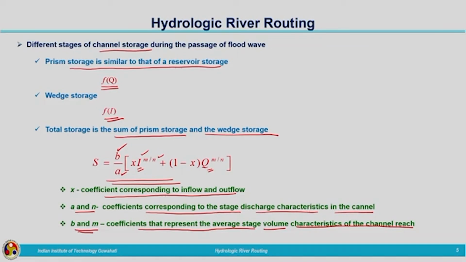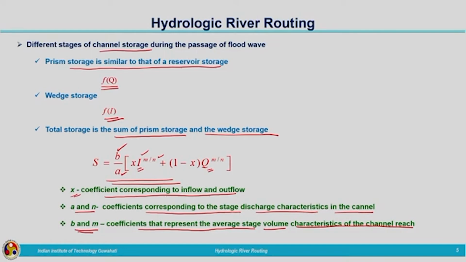So, different coefficients we have seen: A and n, B and M. A and n are related to stage discharge characteristics, B and M are related to stage volume characteristics of the particular channel which we are considering, and the coefficient x corresponds to the inflow and outflow.